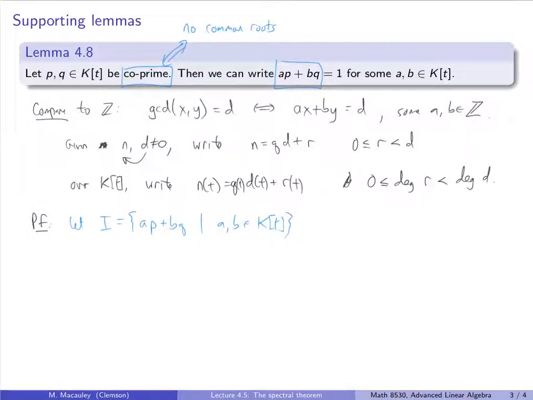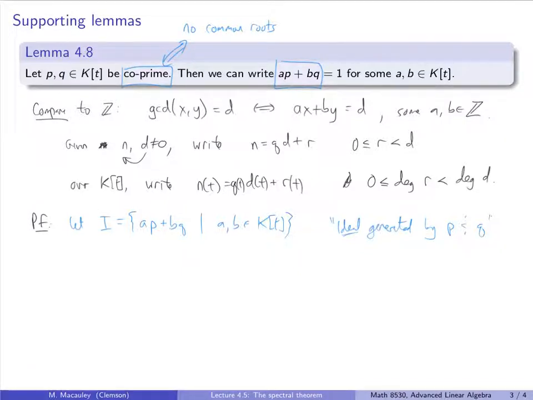Or actually, this contains any non-zero constant, because we're over a field, so if I have something that's non-zero, I can just scale to get 1. Technically, this is the ideal generated by P and Q. And if you don't remember what an ideal is in ring theory, that's fine. Just know that it's all linear combinations, so it's closed under addition, subtraction, and multiplication by any polynomial.